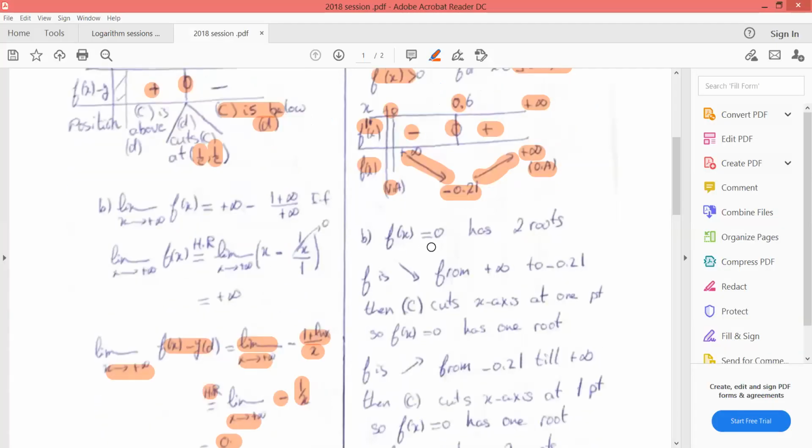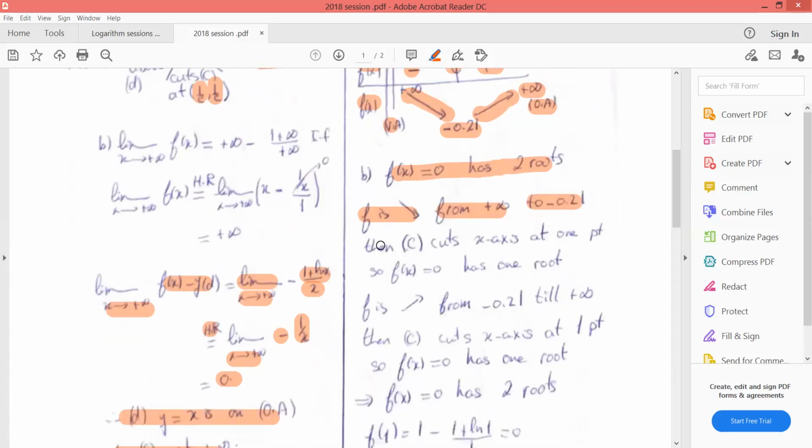So here, we are going to verify f(x) equal to 0 has two roots. As I said before, f is decreasing from plus infinity, which is positive, to minus 0.21, which is negative.